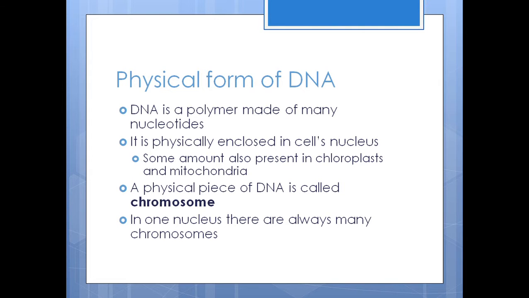A chromosome is a molecule of DNA. And what we have to know is that in the nucleus of a single eukaryotic cell, there are always many chromosomes. This means that the whole DNA which is enclosed there is not in the form of one double strand, but many pieces.